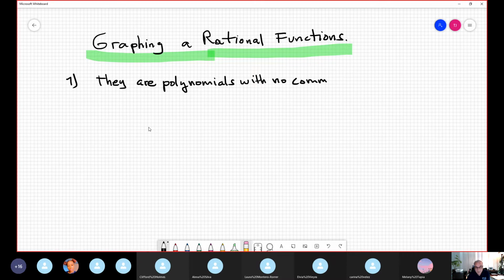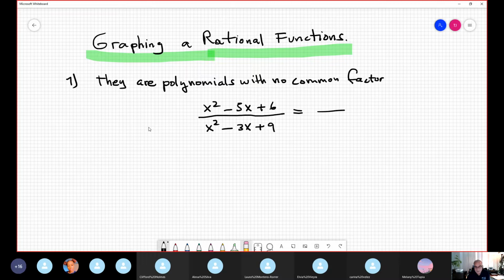What does that mean? Well, easy. You have one polynomial, suppose, x squared minus 5x plus 6 divided by x squared minus 6x plus 9. And factorization is the first thing. So express it in factored form. x minus 3 and x minus 2, no?